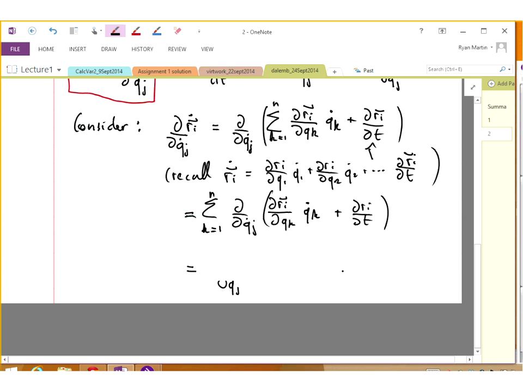And so the partial derivative with respect to qj dot of this thing is partial ri vector by partial qj, right? The derivative of the thing in parentheses is the term that multiplies the qj dot. So it's the partial ri by partial qj. Sorry for forgetting the dot in the beginning.